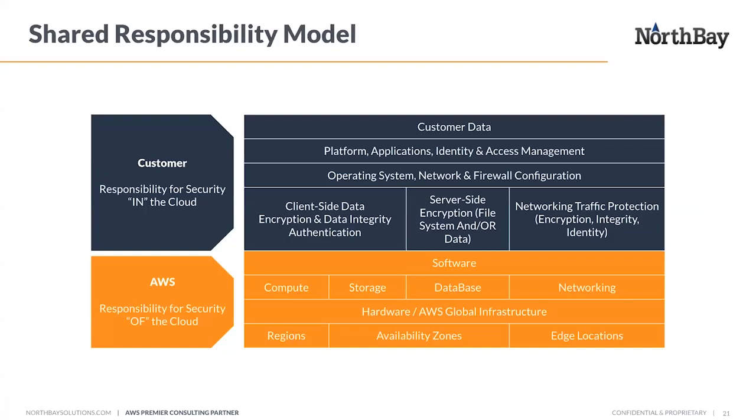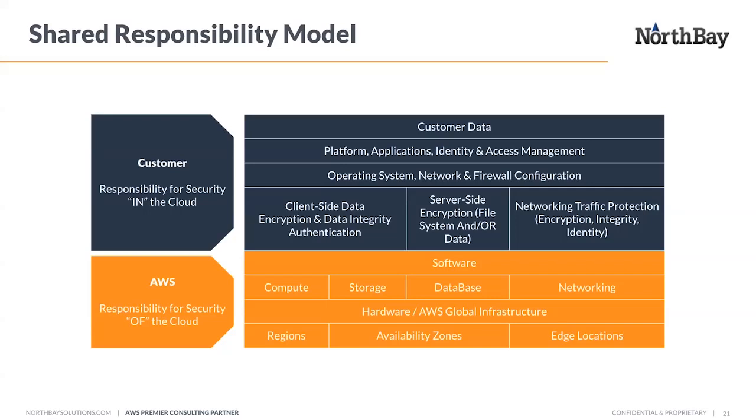Customer data is your responsibility. Platform, application, IAM, that is identity and access management, is your responsibility. That is whatever is in the cloud, right? So operating system, network and firewall, client-side data encryption, data integrity, authentication, server-side encryption, network traffic protection, and all that. What AWS does for you is software, compute, storage, database, networking.